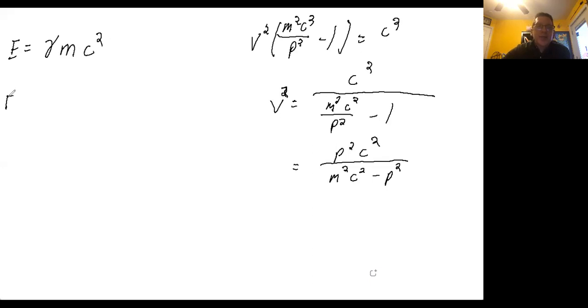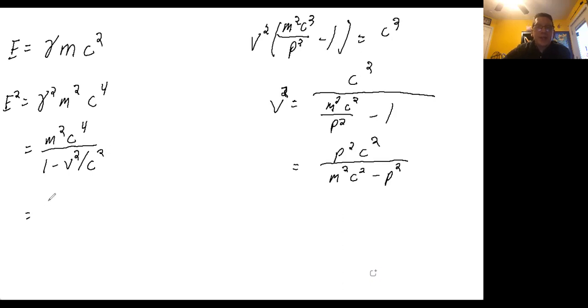We can write E squared is equal to gamma squared m squared c to the fourth. So that becomes m squared c to the fourth over 1 minus v squared over c squared. But now we can plug these terms in.